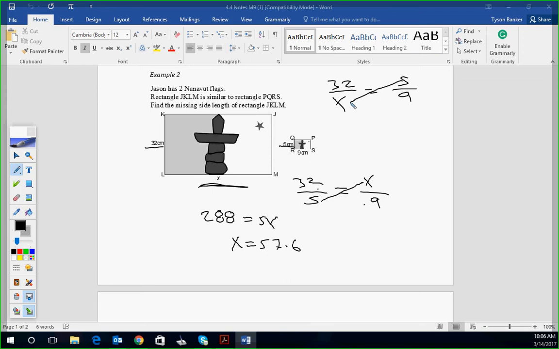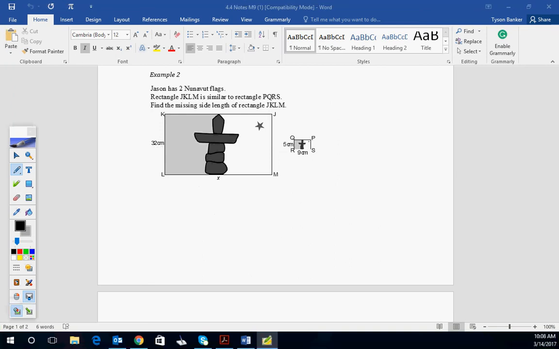So it's just the same type of setup. You can compare the sides of the flag to the sides of the flag, or the corresponding sides of each flag. However you want to do that. Any questions on setting those proportions up? Okay, that's the process.